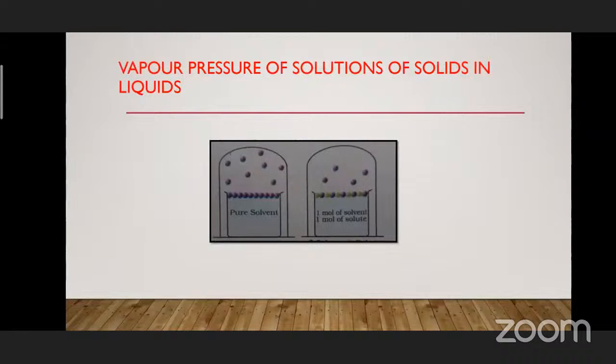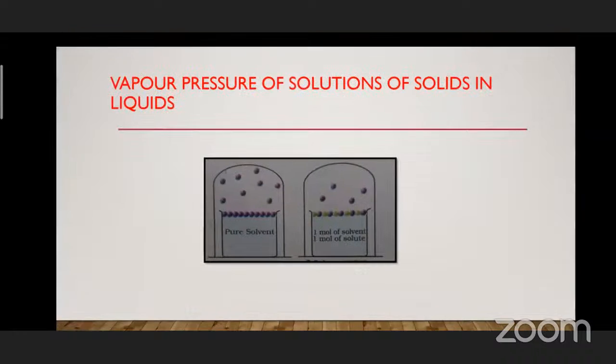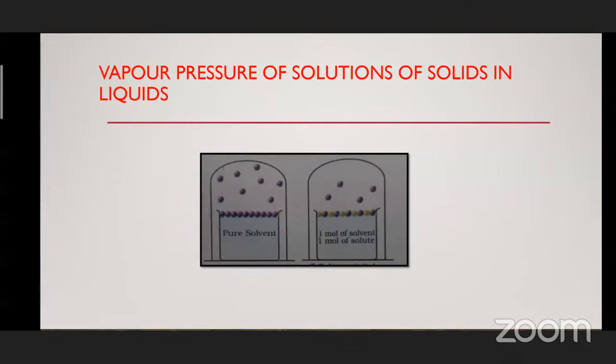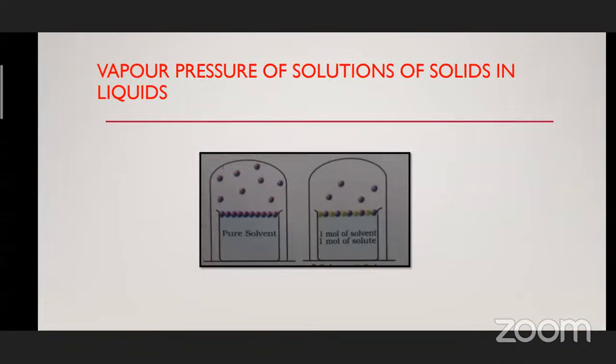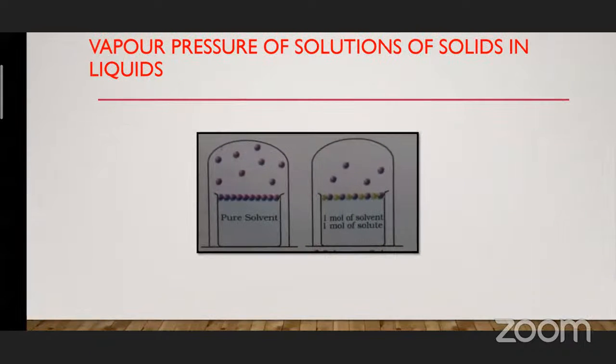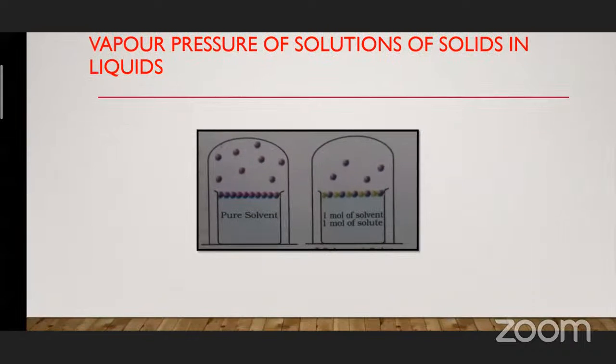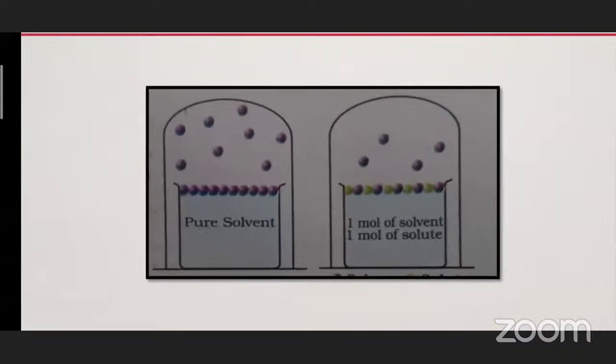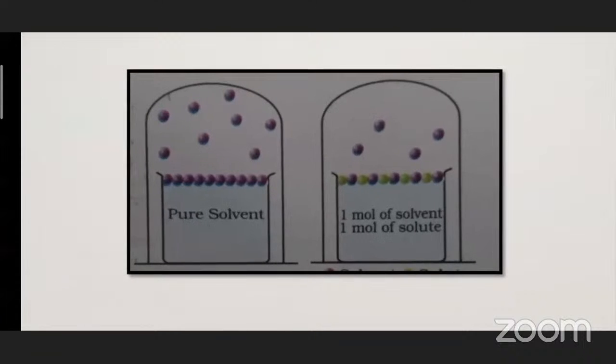This figure shows us the vapors of the pure solvent and the vapors of the solution. Solution means it has both solute and solvent. In the pure solvent, because it has only one kind of substance, it is made up only of solvent molecules, so there are more vapors.